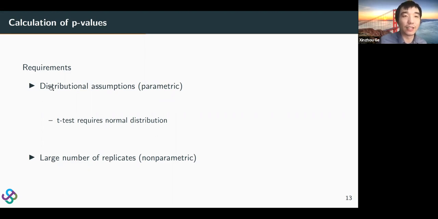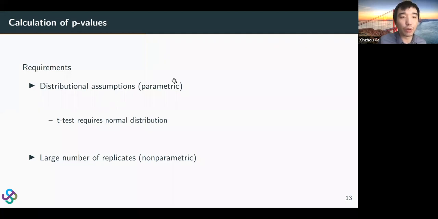So we can see that there are some limitations for the p-values. When we use the p-values to control the false discovery rate, the results will be questionable if the assumptions of the p-values are violated. We also use some data analysis to validate these claims, to show that the p-values become invalid and the FDR control becomes questionable when we have bad model assumptions.